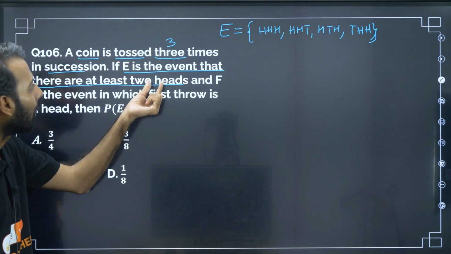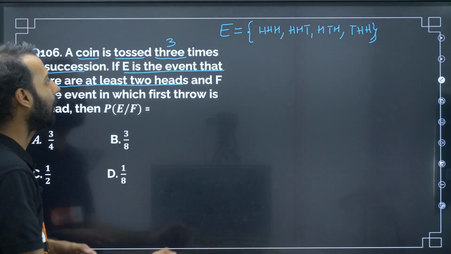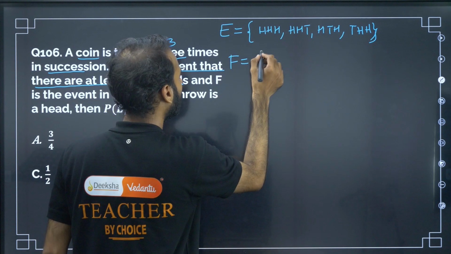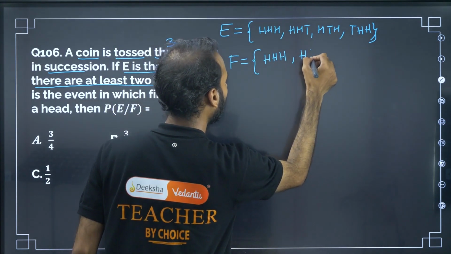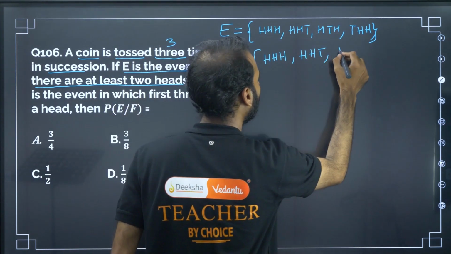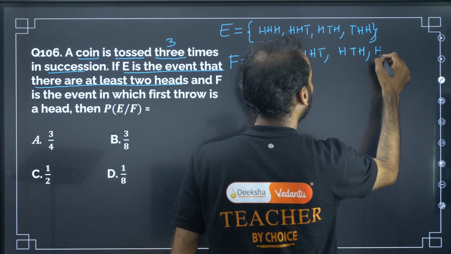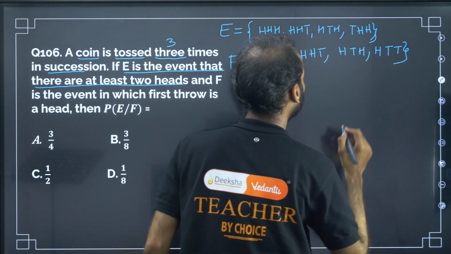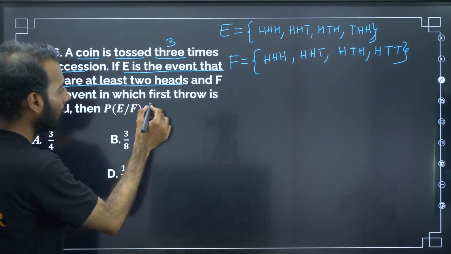F is the event in which the first throw is a head. So F is the event in which the first throw is head.